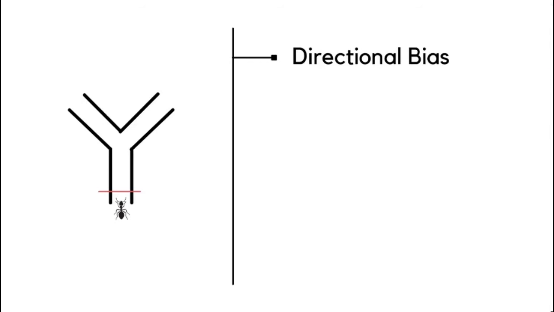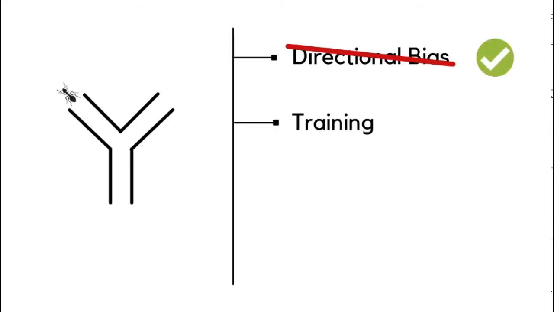To remove directional bias, I simply took the naive ants which have not been tampered with and let them cross the maze, and I saw the proportion of ants that took a certain direction rather than the other. After doing the statistical analysis, I saw that there is no directional bias. So that was done, and you can read about it in detail in the report.